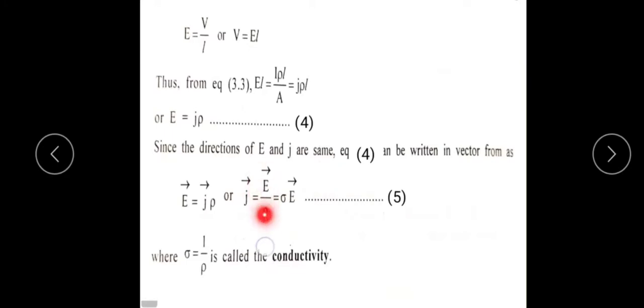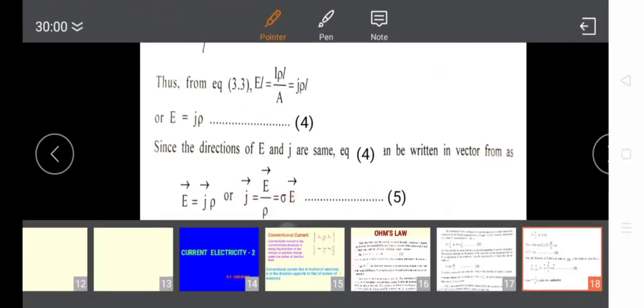Then 1 by rho is the reciprocal of resistivity, which is conductivity. Resistivity means opposition to flow of current. Conductivity means which allows flow of current. That's the opposite word. Hence 1 by rho, the reciprocal of resistivity, is equal to conductivity.